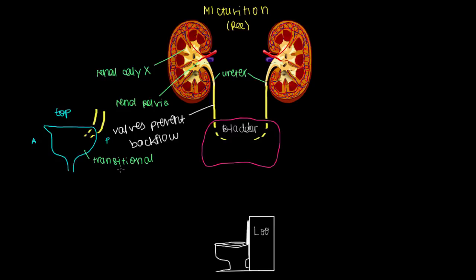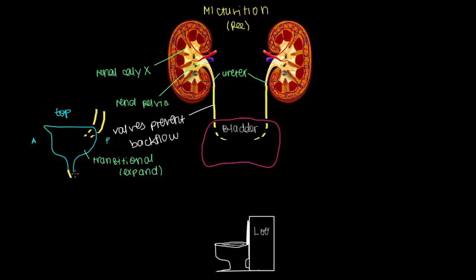And the reason why we do this is because it allows the bladder to expand. Remember, the bladder is going to be filling up with urine and holding on to it until we're at an appropriate place to go to the bathroom. So until then, our transitional epithelium allows our bladder to fill up and hold about 300 to 500 milliliters of urine, which is about the volume of a tall bottle of water.